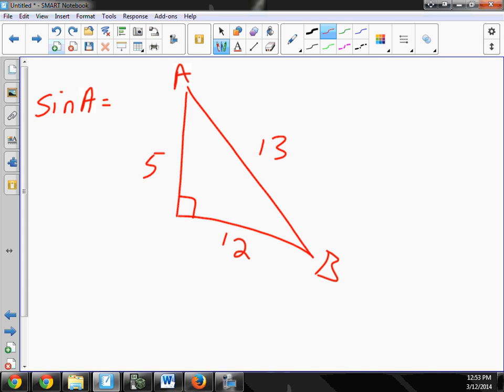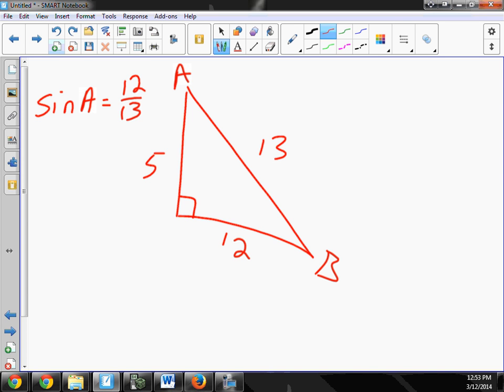Well, sine is O over H. Sorry, I said A, I meant H. So it's going to be 12 over 13. Now, I didn't know what the angle was, and that's okay. I don't need the angle in this case. So 12 over 13 is my answer. You don't need the percentage here. Just write the ratio.